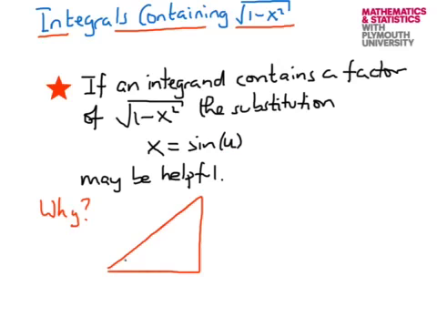So here I'm going to say that this angle here is u, this is a right angle, and what we know is that x is equal to sine u, and that means that the sine of u is the ratio of this side divided by this side, and the simplest way to achieve that is to say that this opposite side is x and the hypotenuse is 1. And then from Pythagoras' theorem it follows that the length of this adjacent side here is the square root of 1 minus x squared.